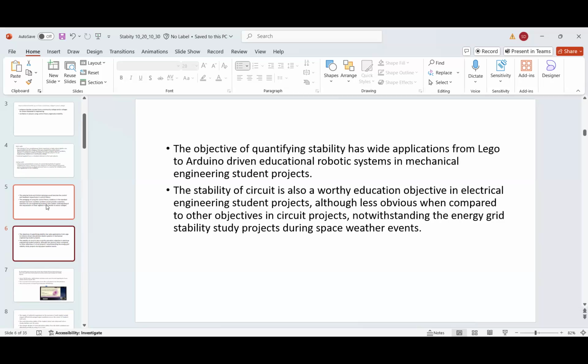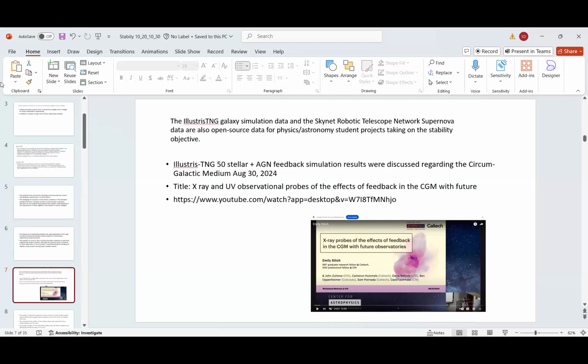The stability of circuits is also worth the educational objective in electrical engineering student projects, although less obvious compared to other objectives in circuit projects. The Illustris galaxy simulation and Skynet robotic telescope network supernova data are also open source data for physics and astronomy student projects, taking a stability objective.